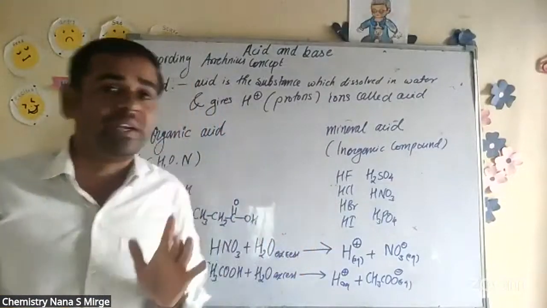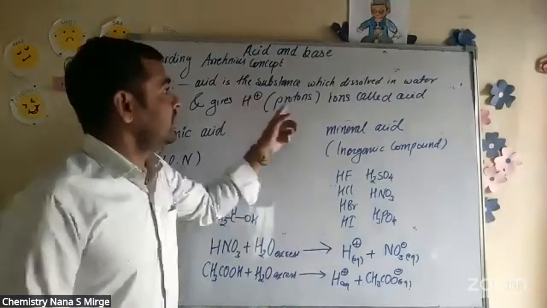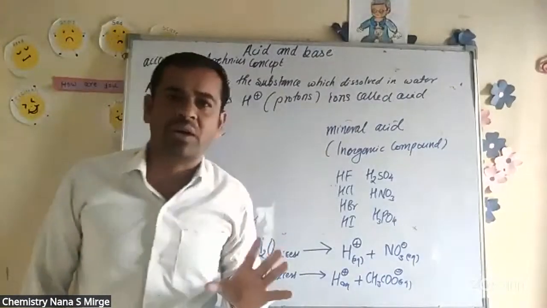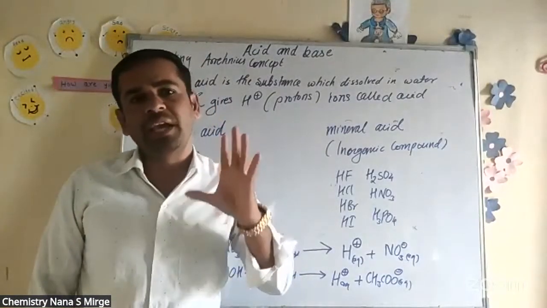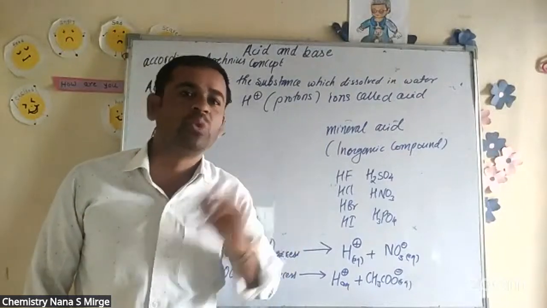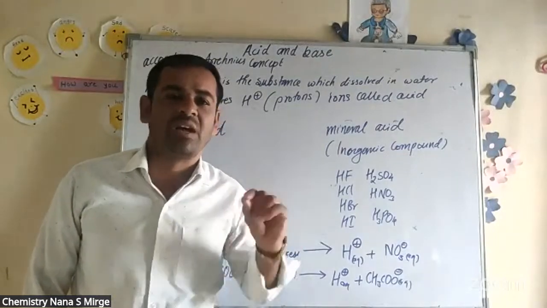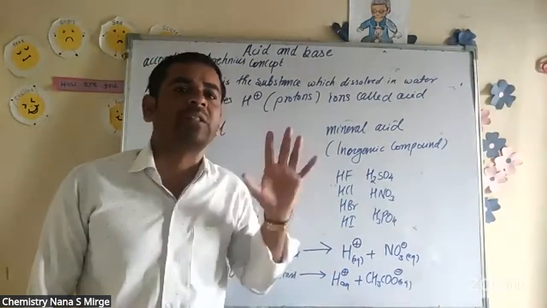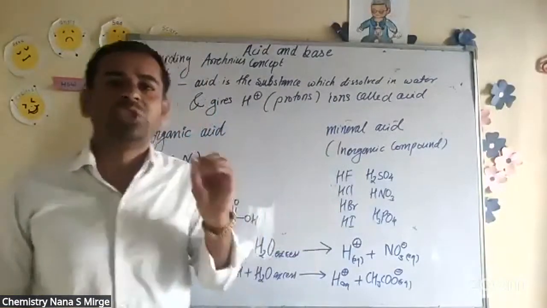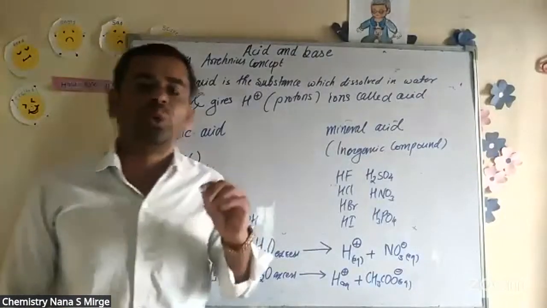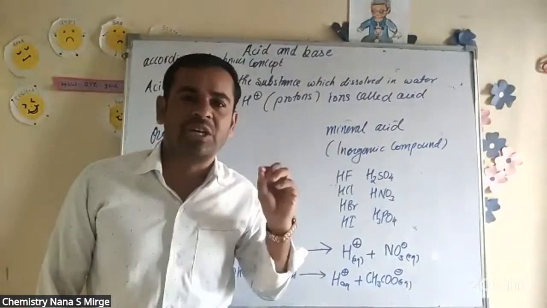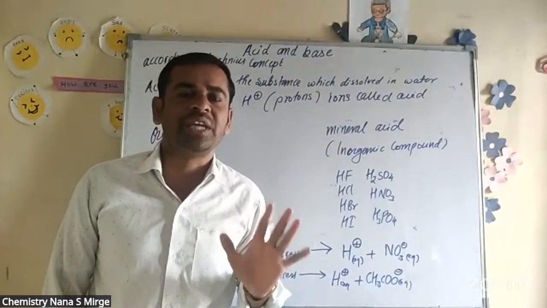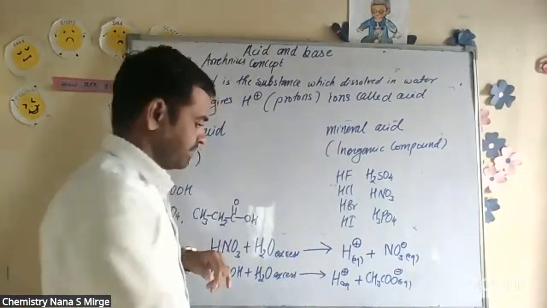But remember, it must be dissolved in water. It cannot produce H plus ion by itself. You have to put it in water first, and only then will it show its activity and its acidity. So any substance that is dissolved in water and gives H plus ion, we can simply say it is an acid.